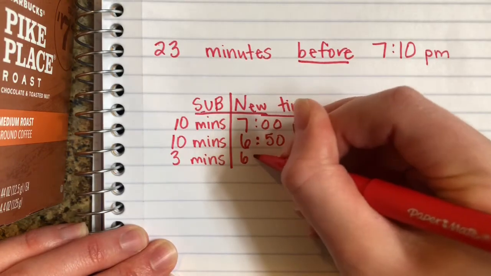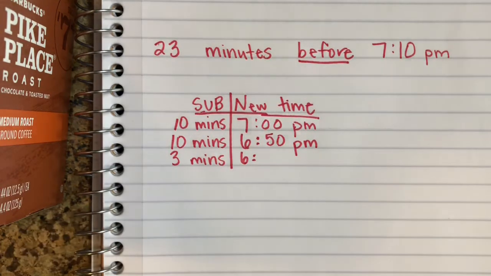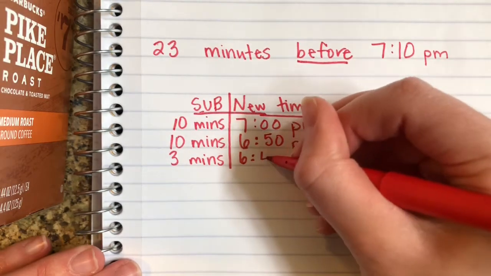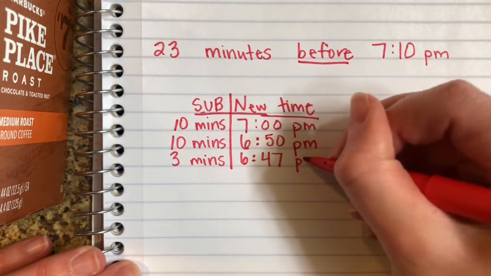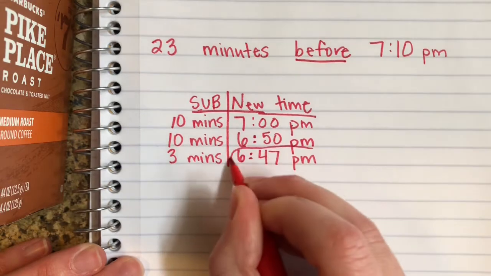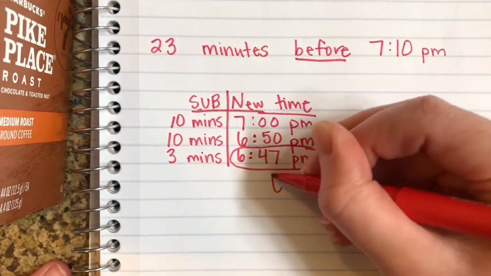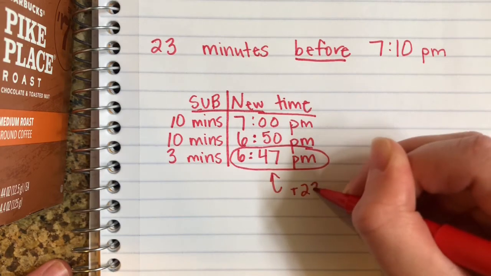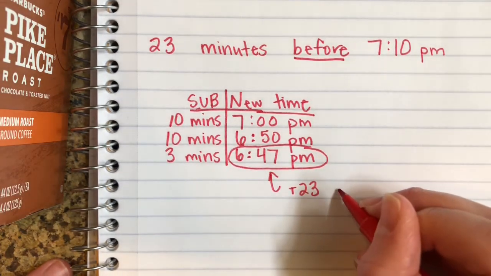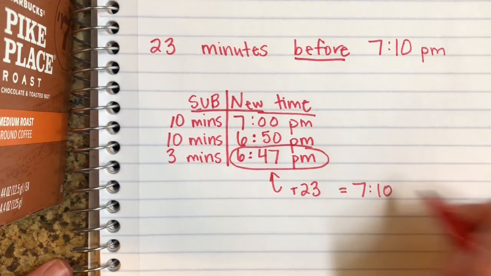So we are still at 6 o'clock. We have to take 3 away from 50. We get 47. So 6:47 p.m. Again, you can go back and check. You would add the 23 minutes, and you should get the same answer of 7:10 p.m.